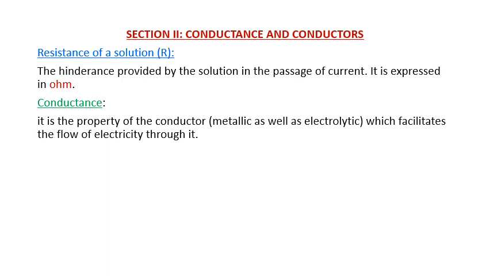If you haven't watched the video, go back and watch it again. So it is the property of the conductor, metallic as well as electrolytic, which facilitates the flow of electricity through it. So basically conductance means flow of electricity.